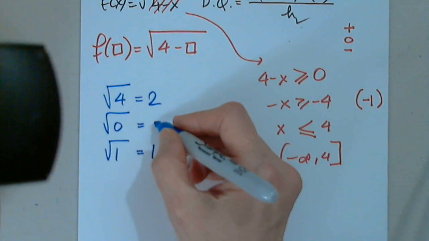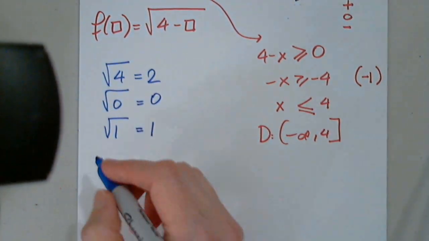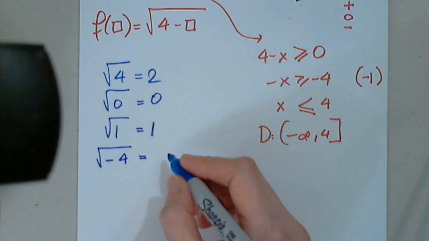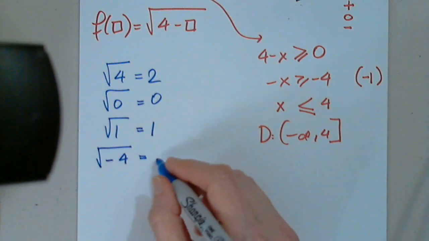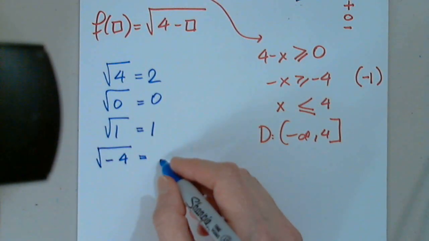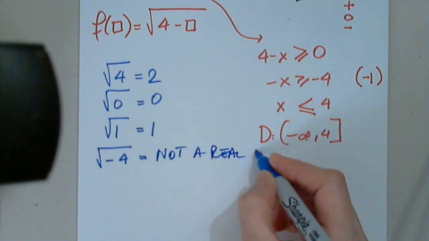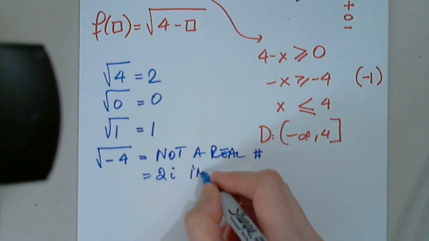Good. How much is the square root of 0? 0. Excellent. And now my last question: how much is the square root of negative 4? There's no answer. Not a real number. It will be 2i, imaginary.